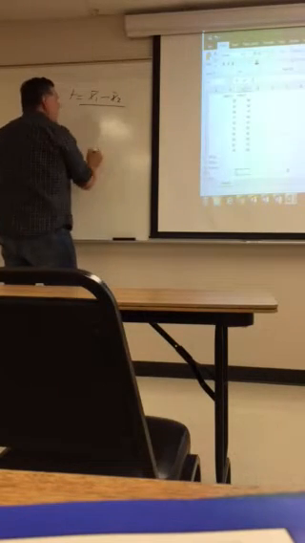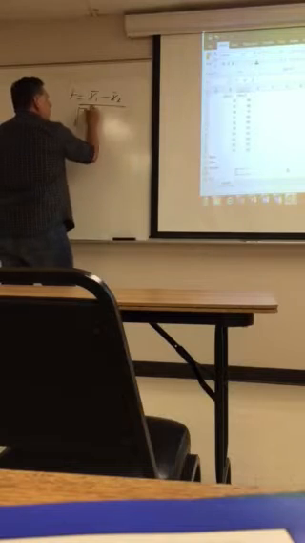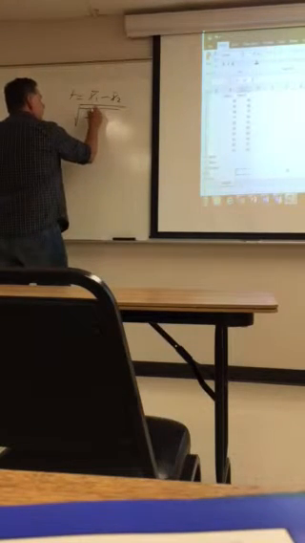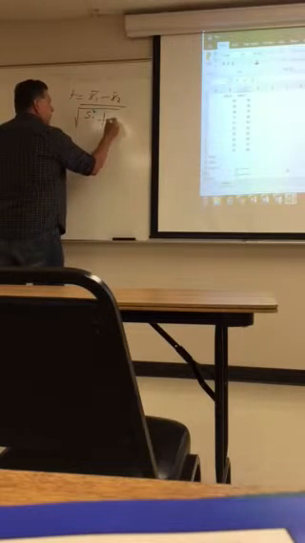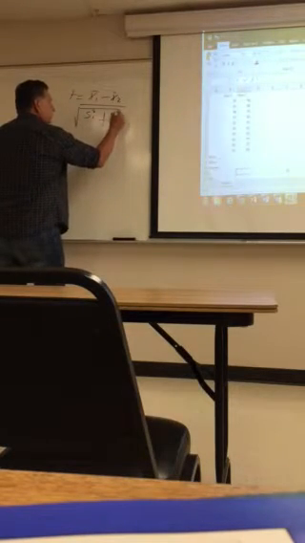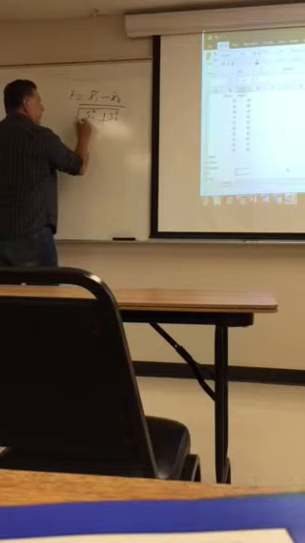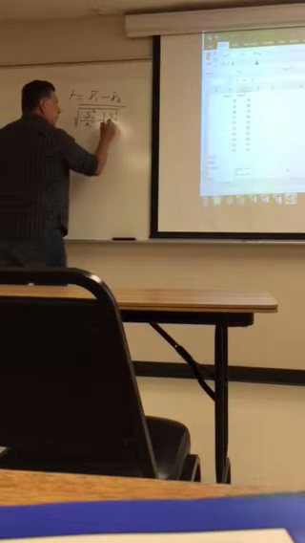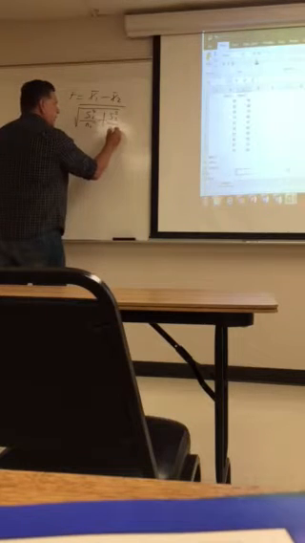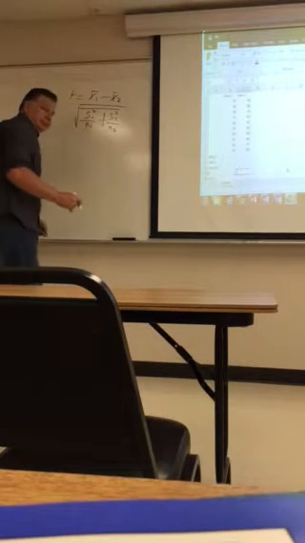Now I'm going to divide that by the square root of the variance for sample 1 plus the variance for sample 2, over the number of observations in sample 1 and over the number of observations in sample 2.